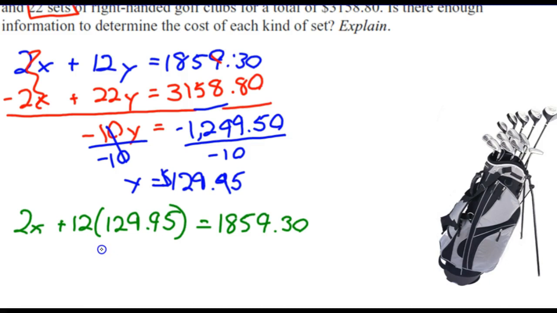So 12 times 129.95, we get 2x plus $1,559.40.